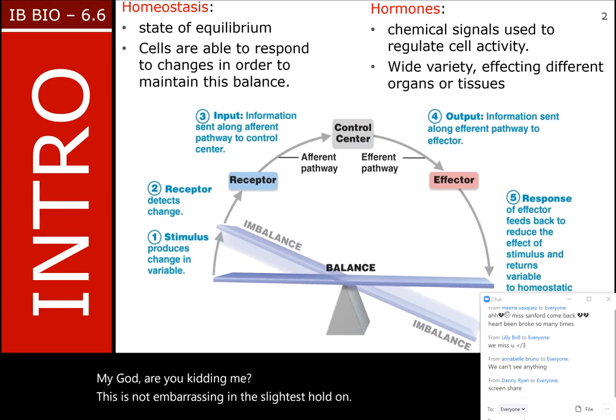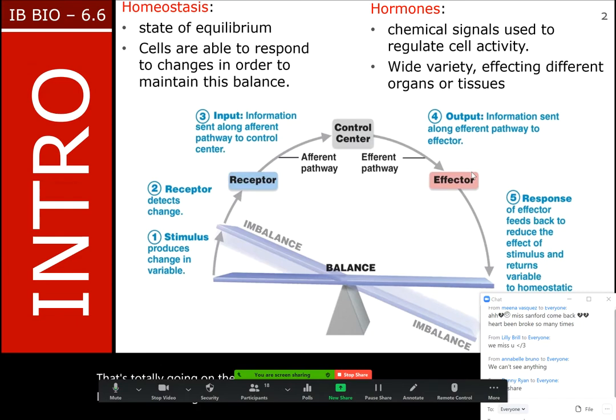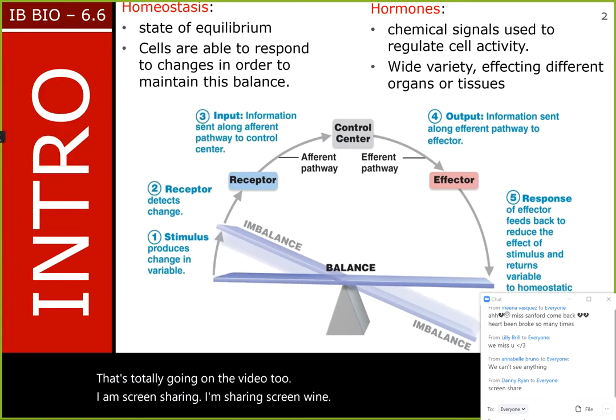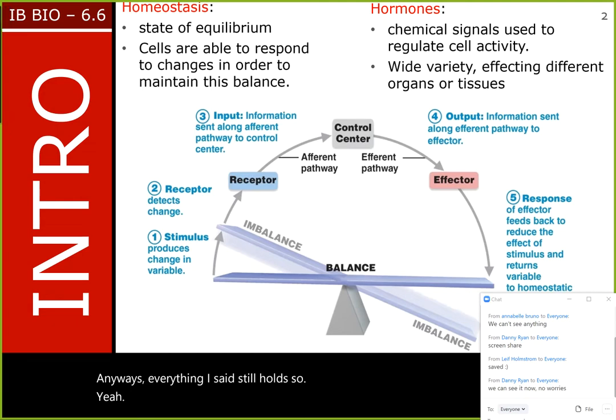That's totally going on the video too. I am screen sharing. I'm sharing screen 1. Oh, now it is. Yeah, you are. Alright. Sorry, guys. Well, anyways, everything I said still holds. Thanks for letting me know. At least I didn't get like 10 slides in. That would be awkward.